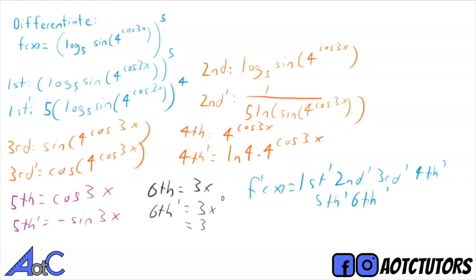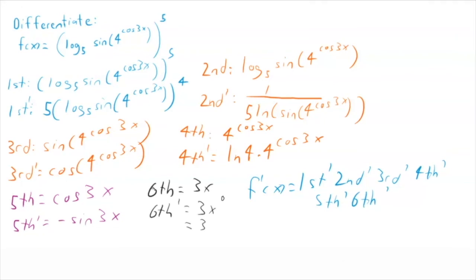Typically, if you organize your work like this on the page, your teacher might even let you answer the question like this. But at the end of the day, you could just slap all these primes together using multiplication. And that's how you take the derivative of an extremely composite function. You just start from the outside and work your way in. If you organize yourself like this, it's never going to be too difficult to figure stuff like this out.